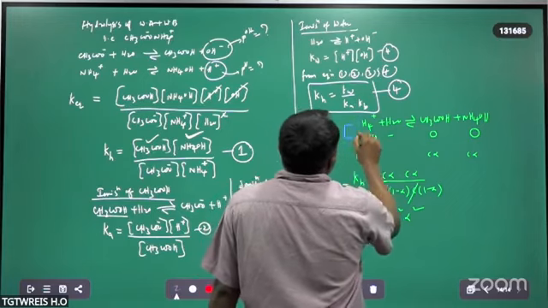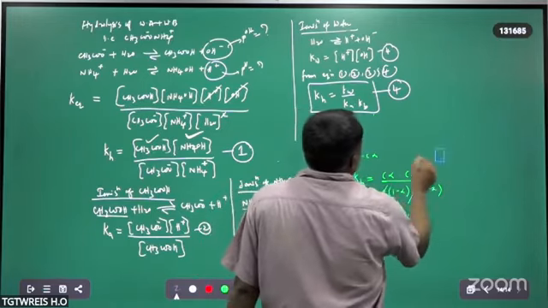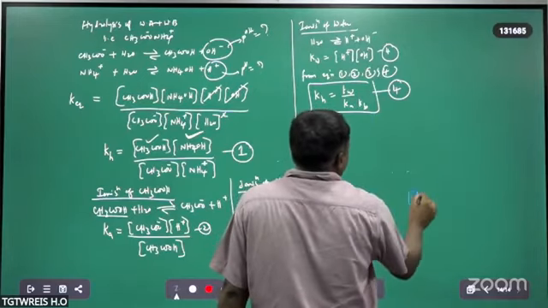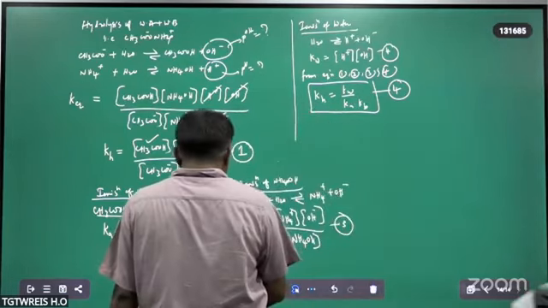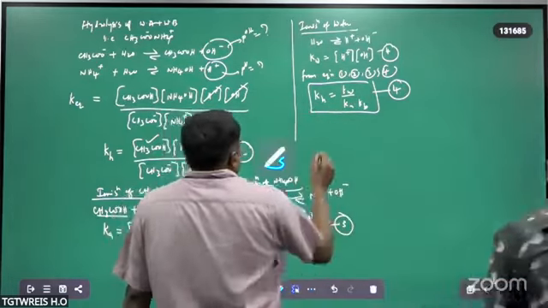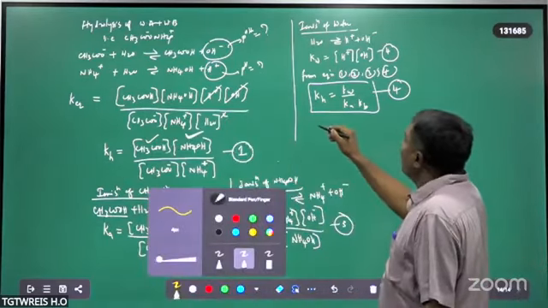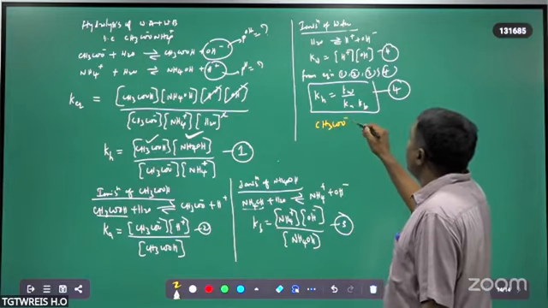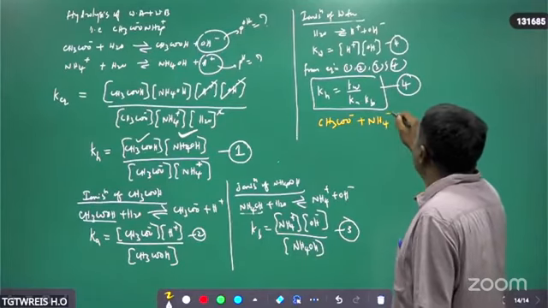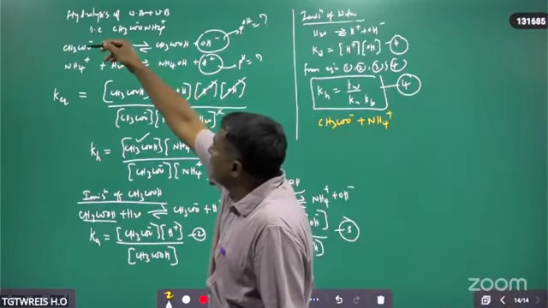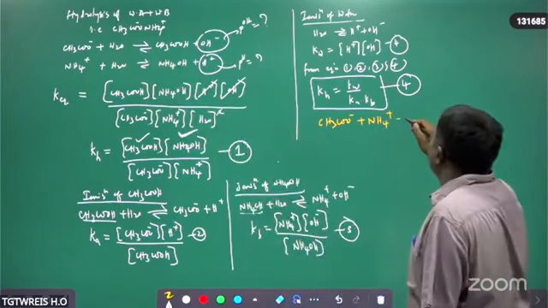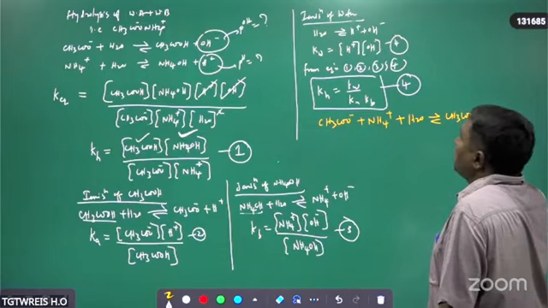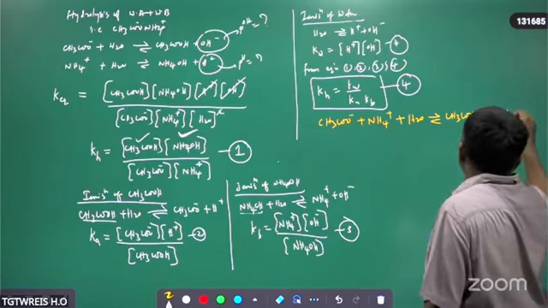So again, I will explain this. CH3COO minus plus NH4 plus plus water, by clubbing these two equations, by mixing these two equations, it will be CH3COOH plus NH4OH.